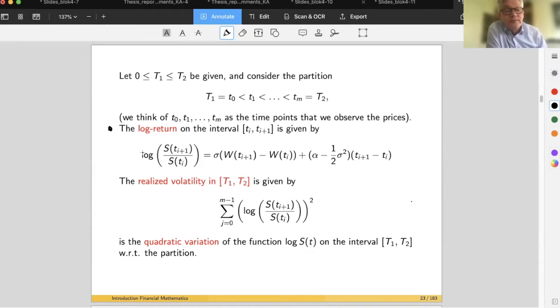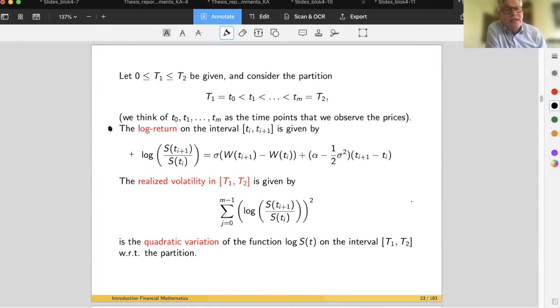And we know from the rules for working with logarithms that the logarithm of this division is the logarithm of S_{t_{i+1}} minus the logarithm of S_{t_i}. You may know that still from high school. Log a over b is log a minus log b.